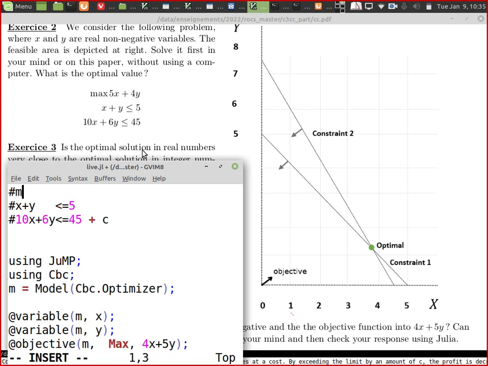But here I will have max 5x plus 4y minus, this is a penalty in the objective, the profit is reduced by 0.1 C. What do you think? What kind of variable is this C? Integer or real? I think we can allow it to be real.